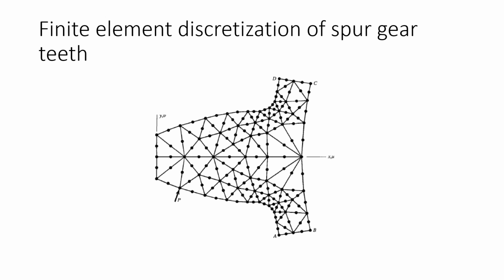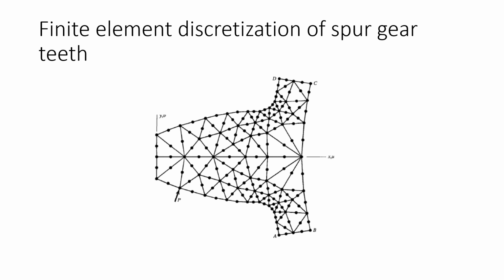Those are known as nodes, and the triangular shaped small elements are known as finite elements. This process of dividing a large body into small elements is known as discretization.